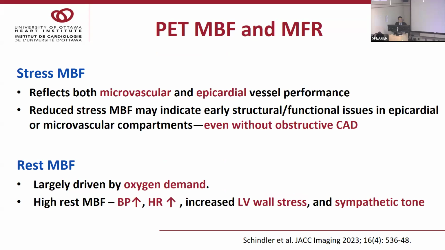A few words about the clinical significance of each flow parameter. The stress MBF reflects both microvascular and epicardial vascular performance. Reduced stress MBF may indicate early structural or functional problems in the epicardial or microvascular compartments, even without obstructive CAD.